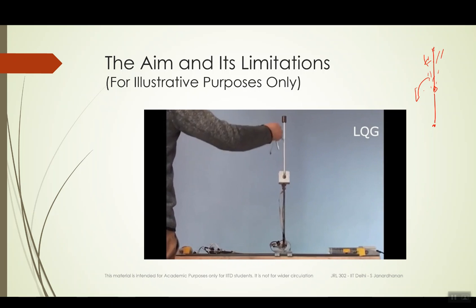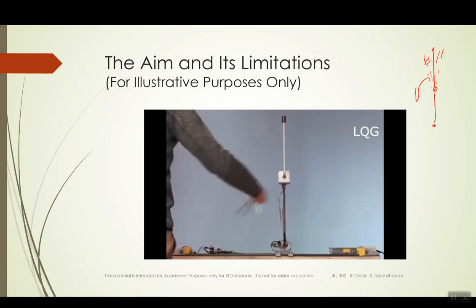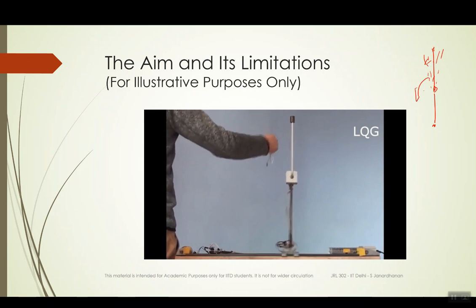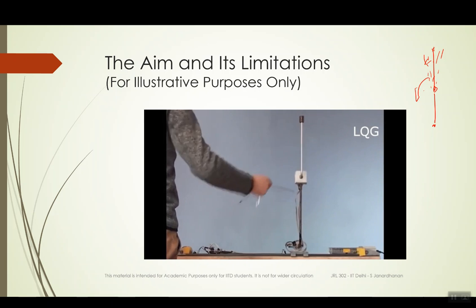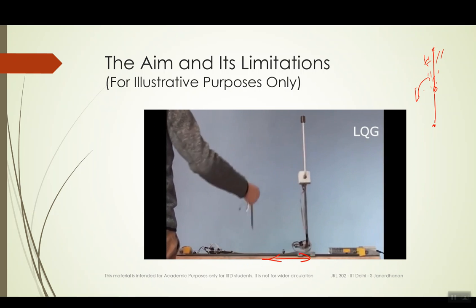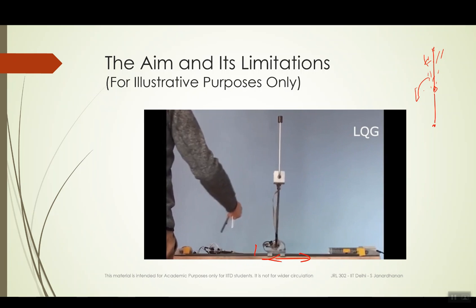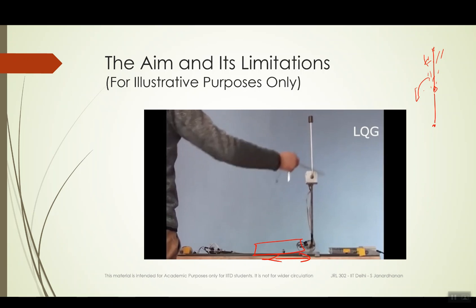Okay, the control objective here is that, assuming the pendulum is very close to this inverted position, we are designing a control, an actuator signal, where the actuator is actually the motor that regulates the motion of this cart in the horizontal direction.